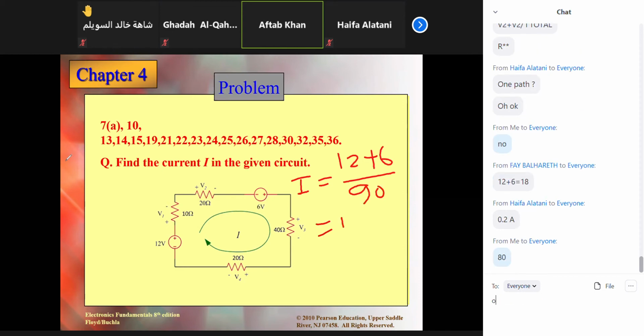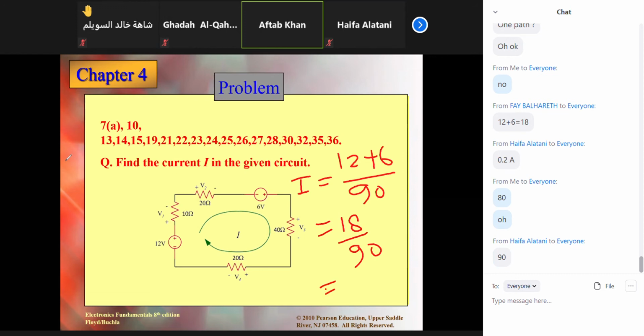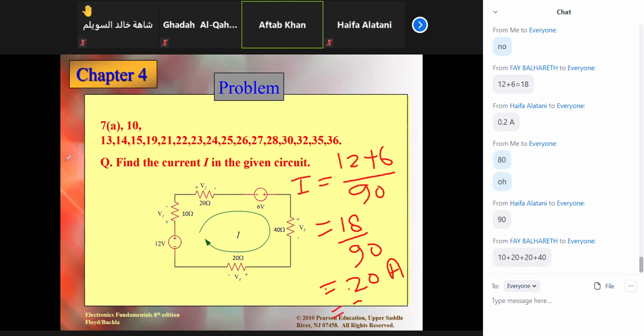So 18 over 90, I will be getting the answer 0.2 ampere or 200 milliampere. So this answer is okay.